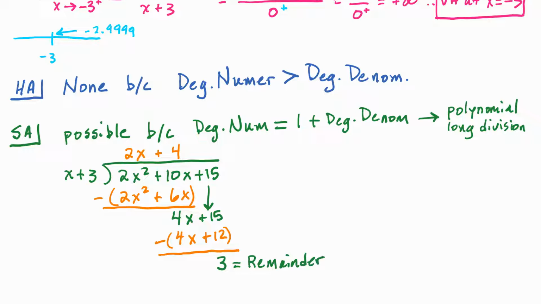And because there's a remainder, we can say, therefore, there is a slant asymptote at y equals this quotient up here, 2x plus 4.